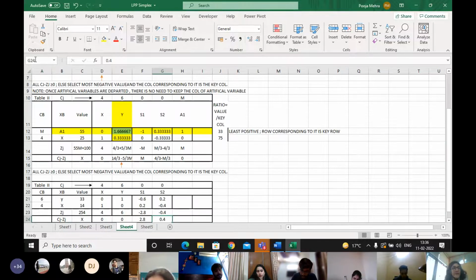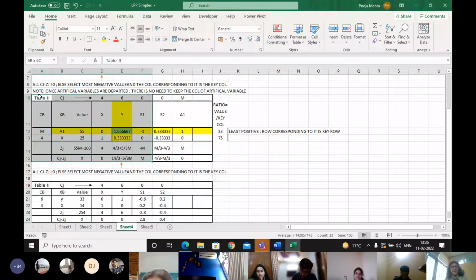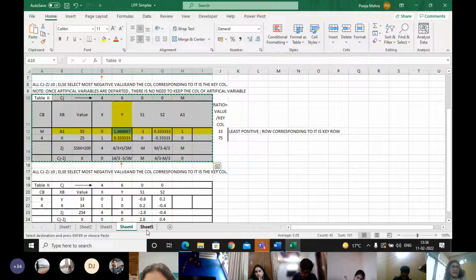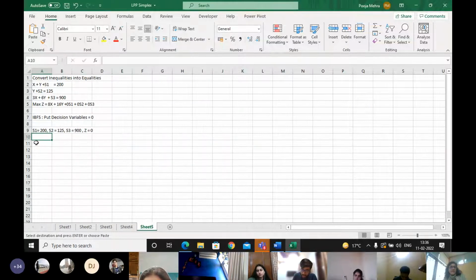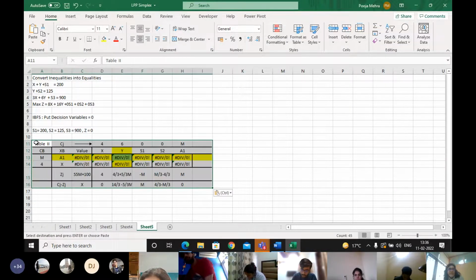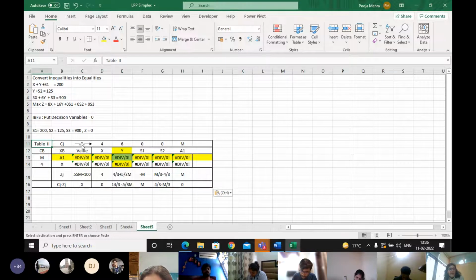We have 3 constraints, so 3 rows we need to make.